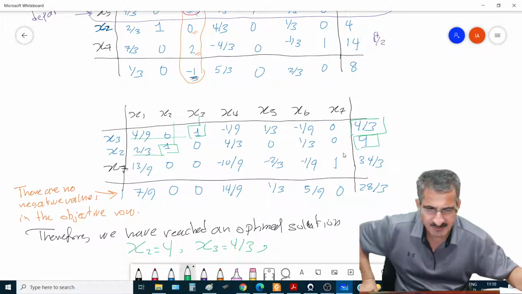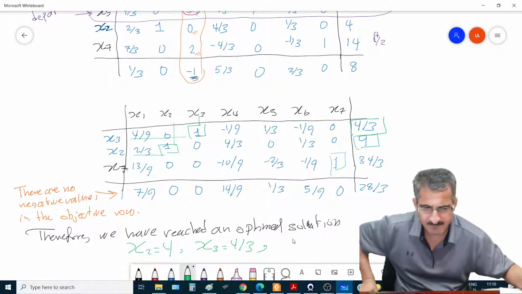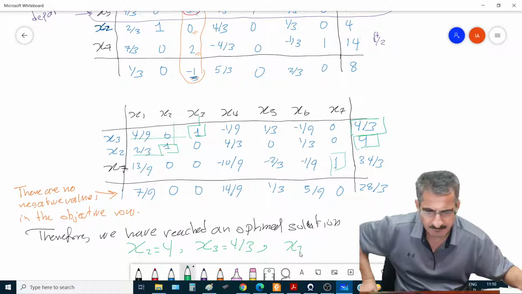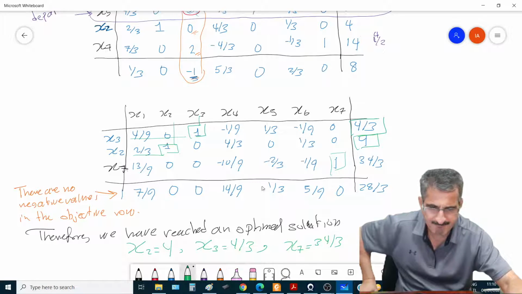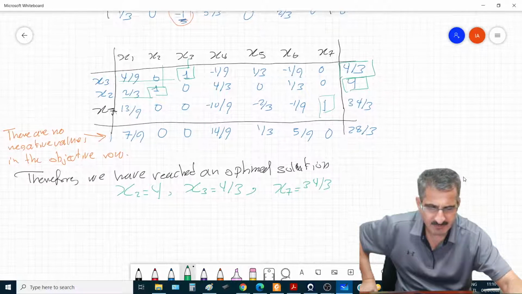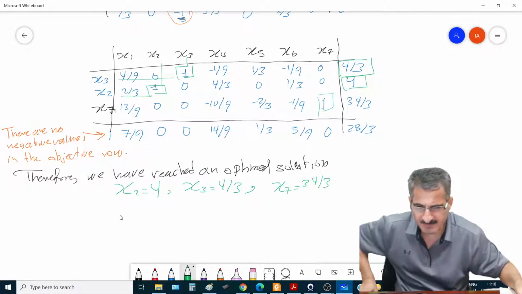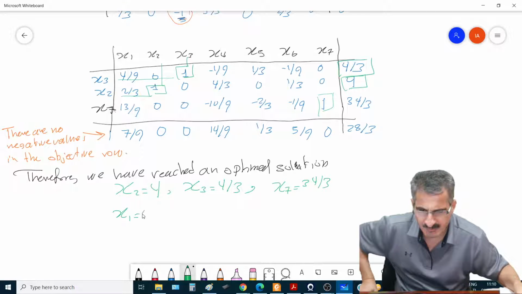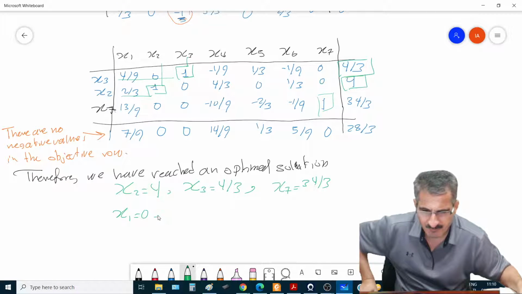And what else? x7 equals 34 over 3. Okay. And the remaining, x1 is 0, which is the same as x4, x5 and x6.